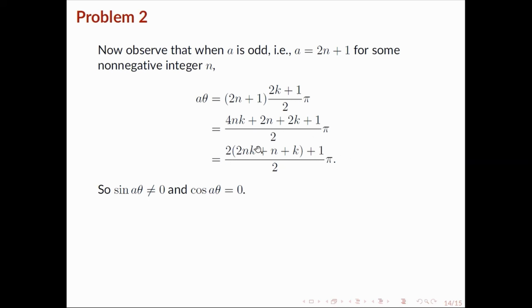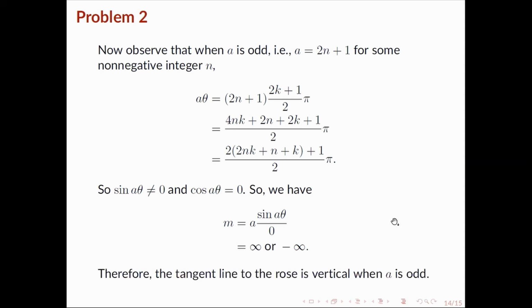So we have m equals a sine a theta over 0. So this can either approach positive infinity or negative infinity. Therefore, the tangent line to the rose is vertical when a is odd.